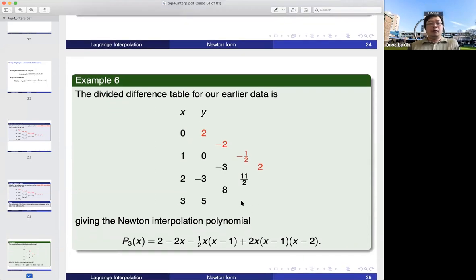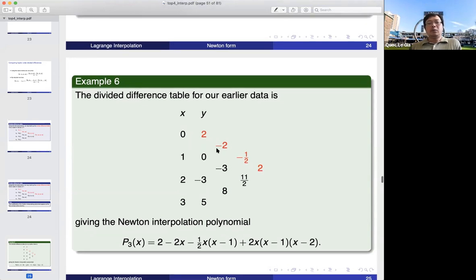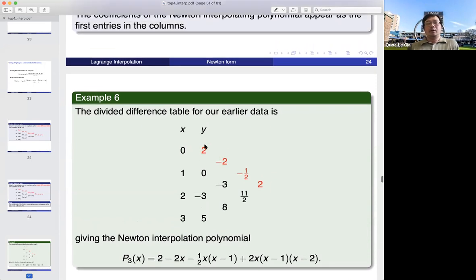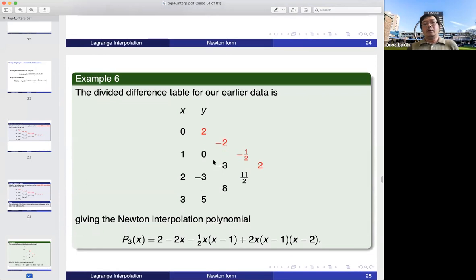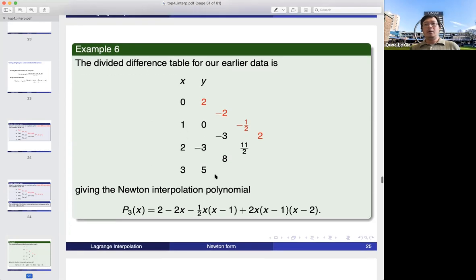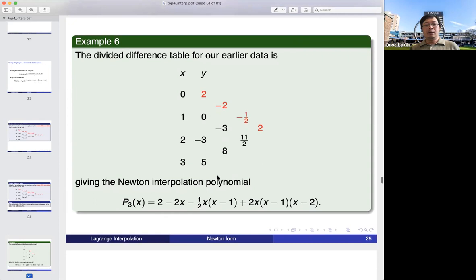For Lagrange, you have to give the Lagrange polynomials. For the Newton method, you just have to compute the divided difference table, which is the table we computed. You can do it by hand, or I wrote a MATLAB script to compute it for you. Once you have the coefficients, you can construct the Newton interpolation polynomial. So no need to solve any linear system.